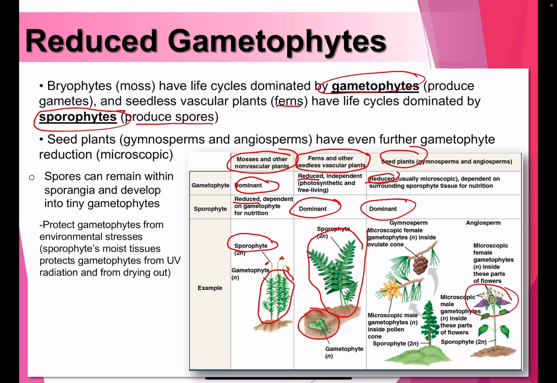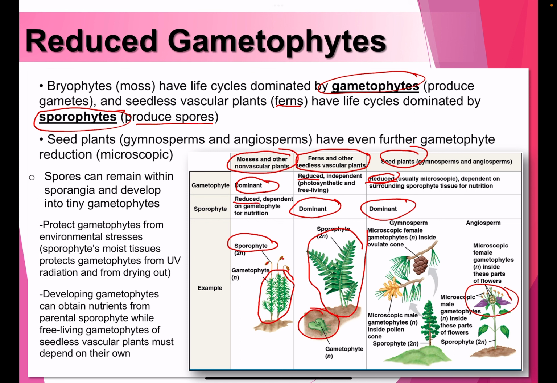This actually ends up protecting the gametophytes from environmental stresses, which is what we talked about in the beginning of the chapter. Usually sporophytes have moist tissues, and that can protect gametophytes from UV radiation and also prevent gametophytes from drying out, which is why it was a nice thing that gametophytes are now embedded within the sporophyte, such that they can be protected from drying out or UV radiation.